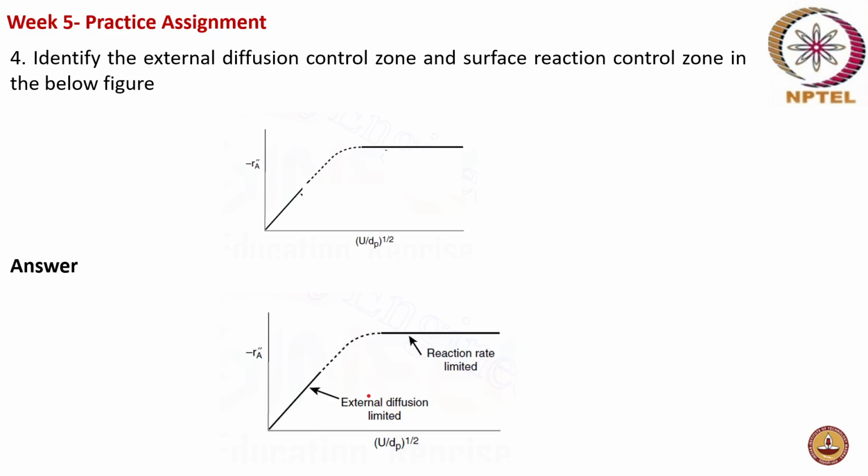So the answer is this. Your initial increase, your linear region, denotes your external diffusion limitation, whereas beyond a certain extent of velocity and diameter of the particle, it becomes independent of them and your reaction rate becomes constant.